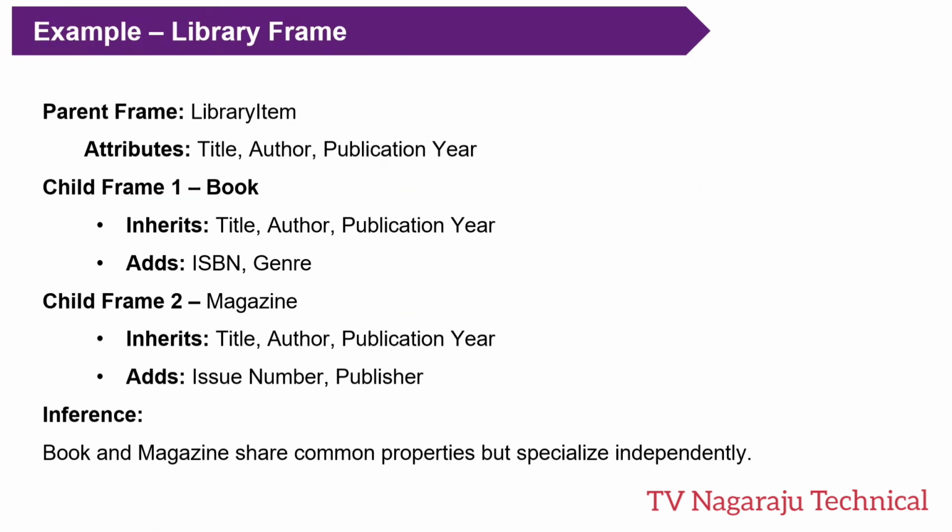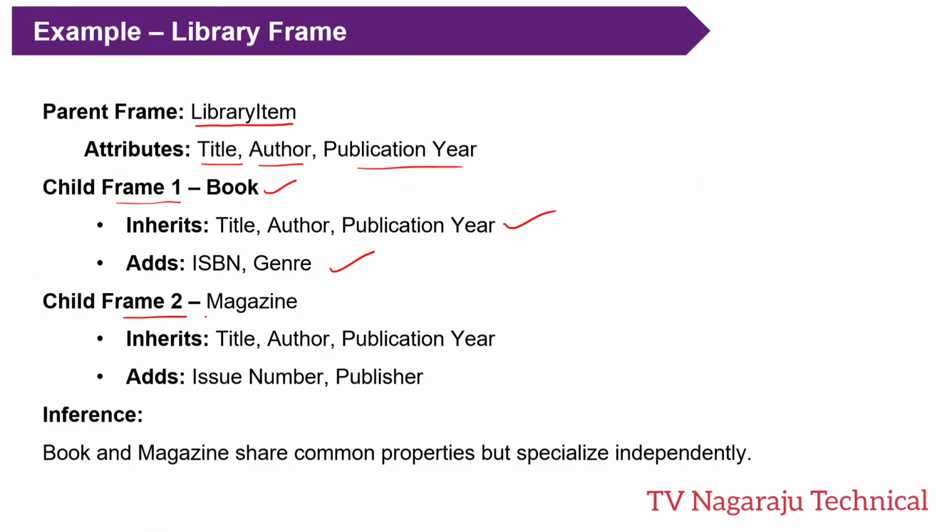Here I will explain with an example. The parent frame is library item. Assume it has the attributes title, author, publication year. Now I am creating one child frame. The name is book. Obviously, it inherits the title, author, publication year from the parent. Now book adds some other slots, that is ISBN and genre.